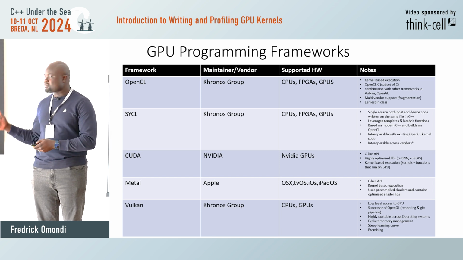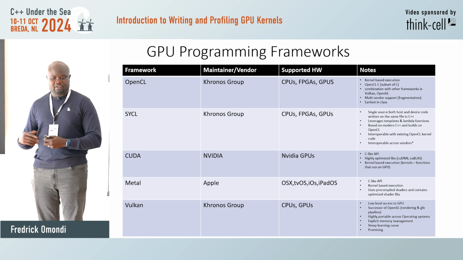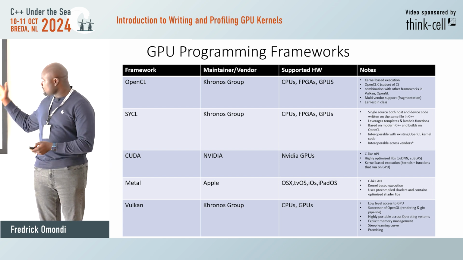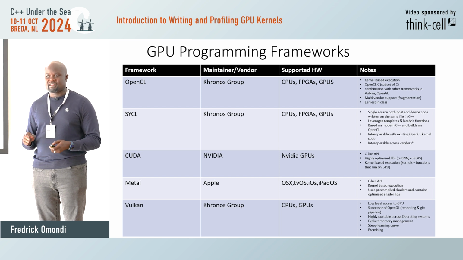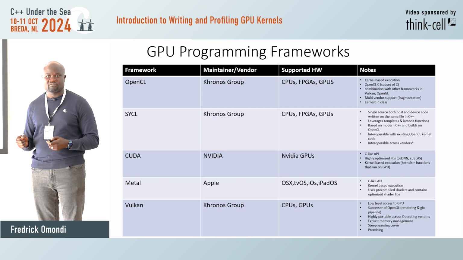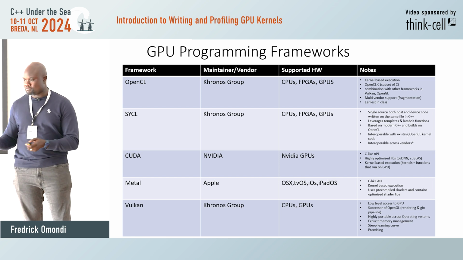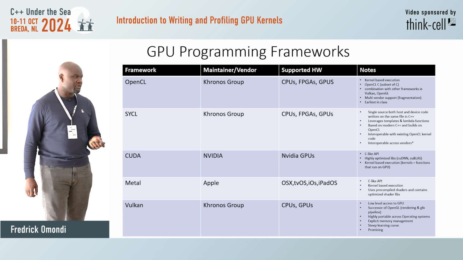Or let's say you wanted to target AMD specific GPUs. These GPU vendors provide extensions to these GPU programming frameworks that can be used to get vendor specific optimizations in place. So it really depends on what you want to achieve. If you're trying to cover all GPUs out there, then you know what to go to. If you're trying to cover a specific vendor's GPU, then you know what to choose.